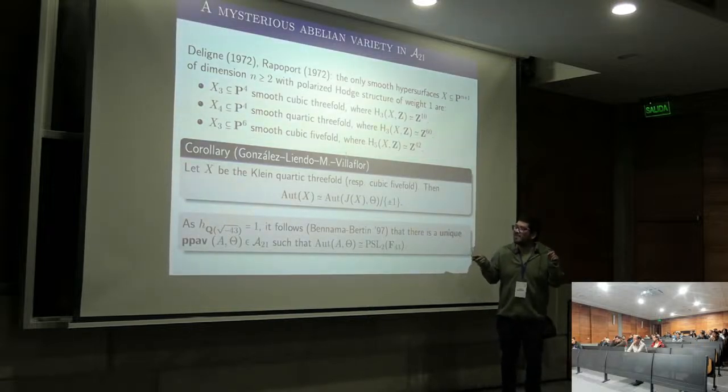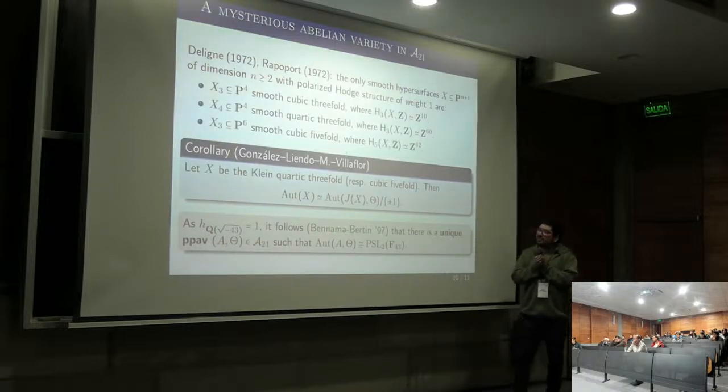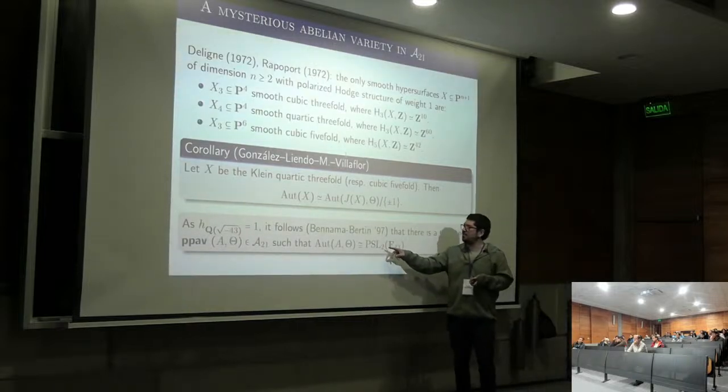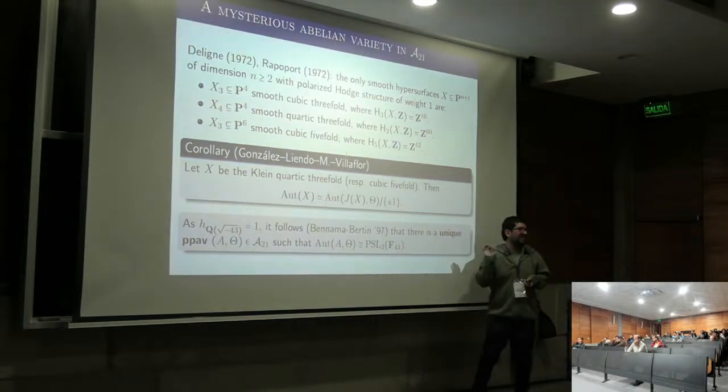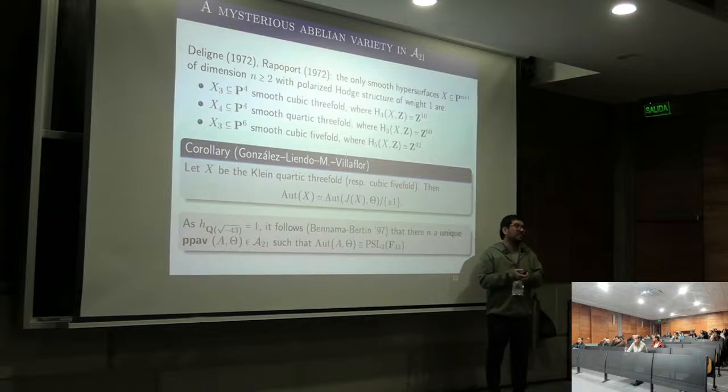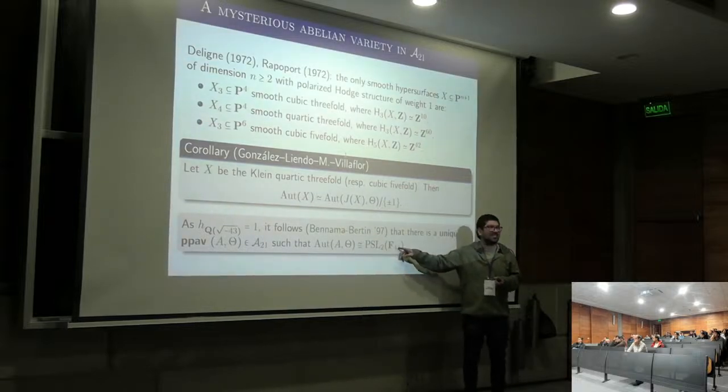And one of them is 43, and there is an extremely nice result by Bennama and Bertin, telling that in this case, there is only one principally polarized abelian variety with automorphism group PSL2(F43). And as I told you before, we have the Klein quartic, whose automorphism group is the same thing but with 7.